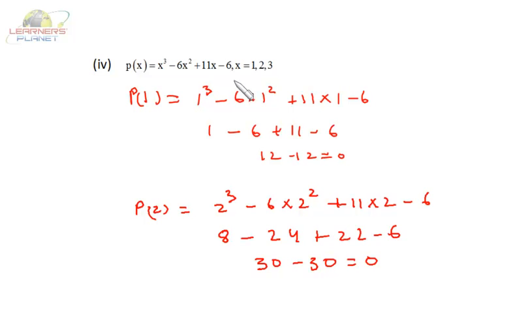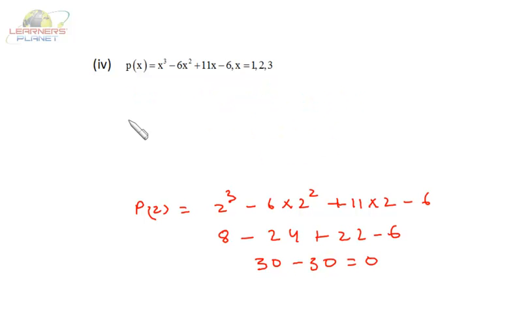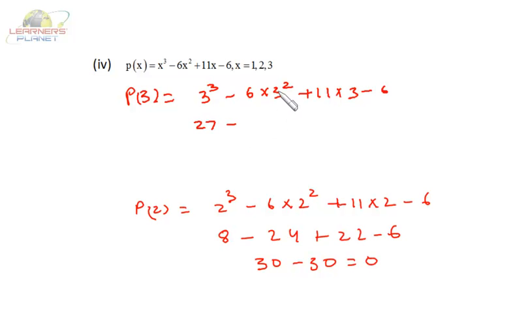Similarly, we can check for 3. So P3 is equal to 3 cube minus 6 into 3 square plus 11 into 3 minus 6. So 3 cube is 27, minus, 3 square is 9, into 6, 54, plus 33 minus 6.